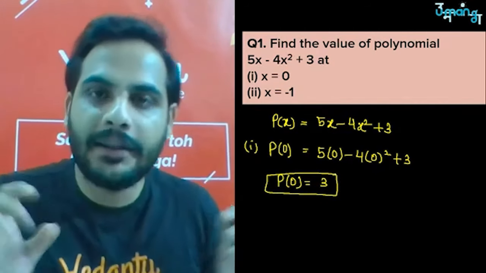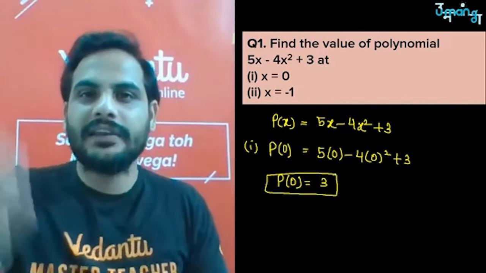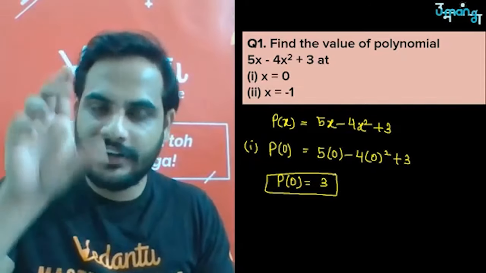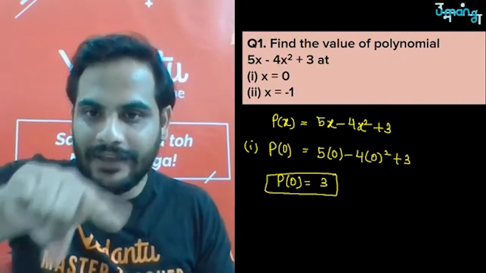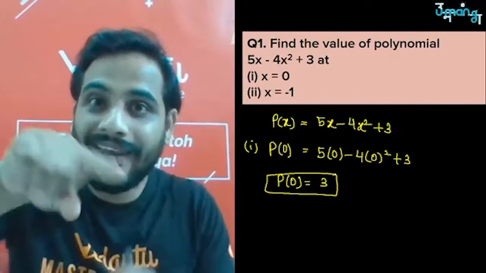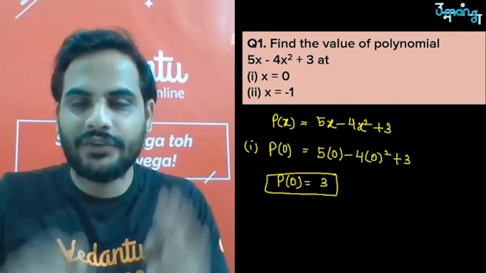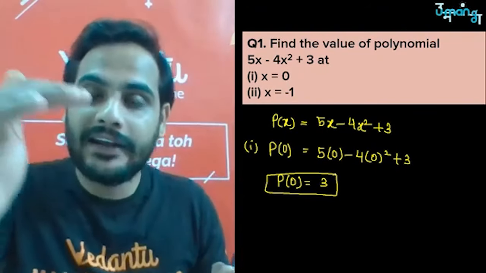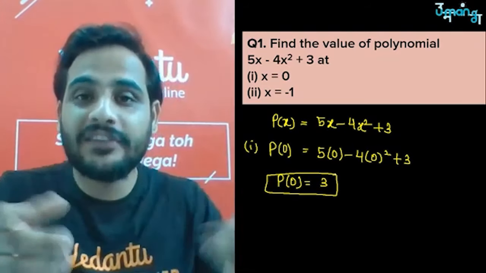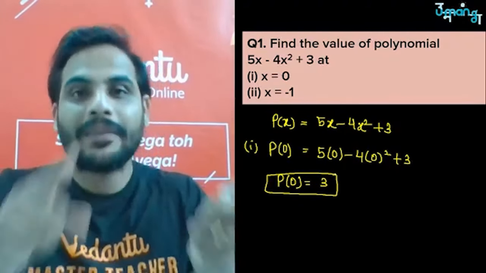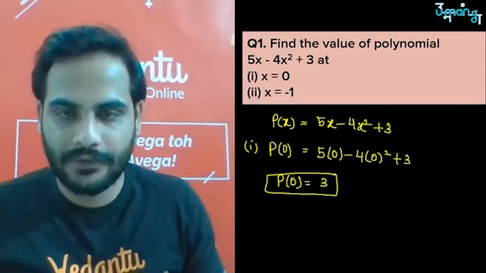So when I write p(0), it means the value of the polynomial when inside the bracket you have 0, when x is equal to 0. If I have given you p(x) and I tell you what is p(0), it means the value of the polynomial at x is equal to 0. Got it?